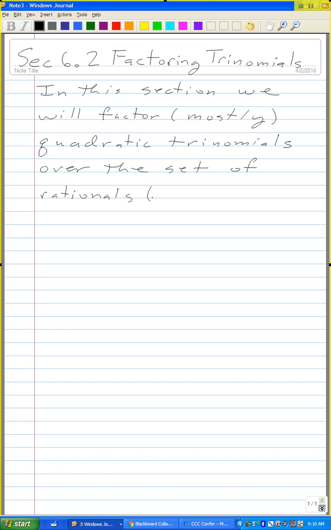In fact, we'll be doing this over the set of integers.